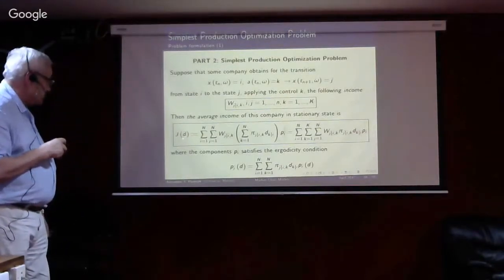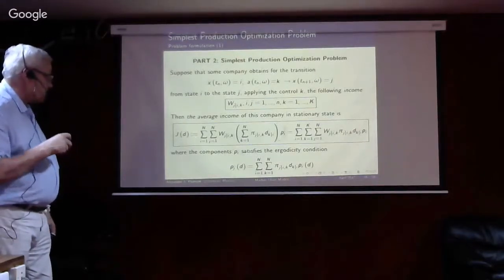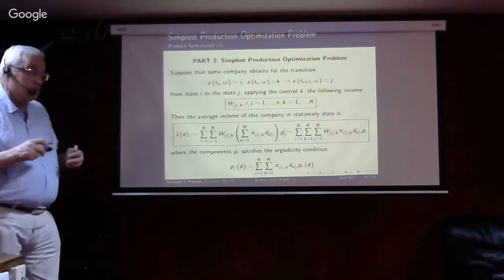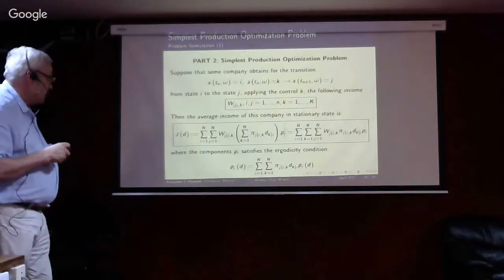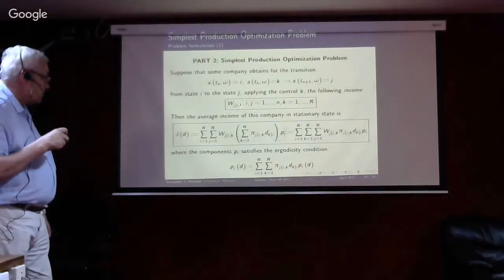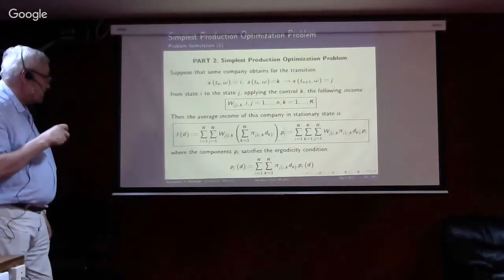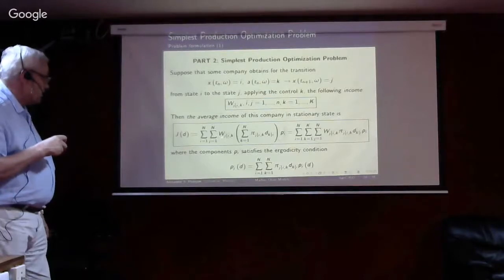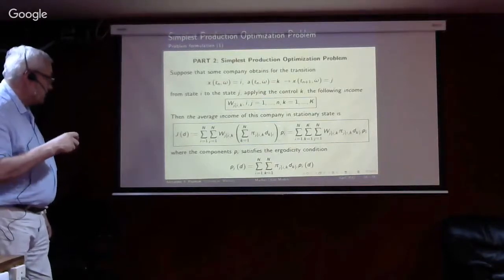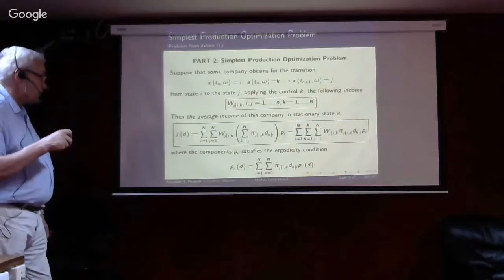So if I apply strategy D, the general average income for my company, or some plant, or bank, is this one. We should average with respect to all possible situations arising in this problem. This income is multiplied by this expression, and finally we obtain, in the stationary regime, an expression like that.